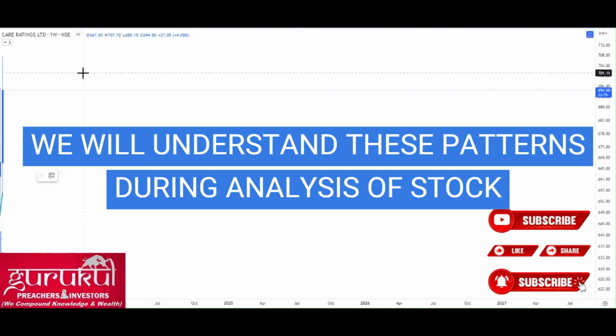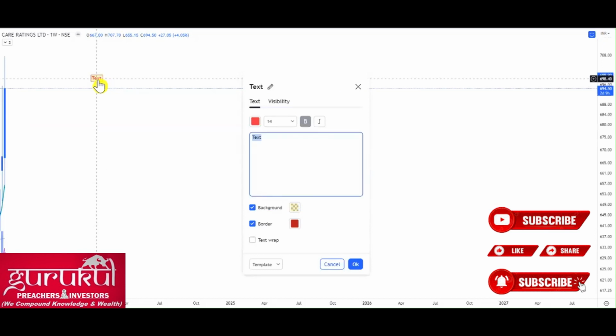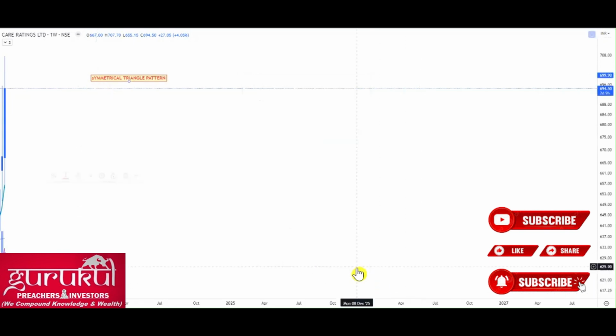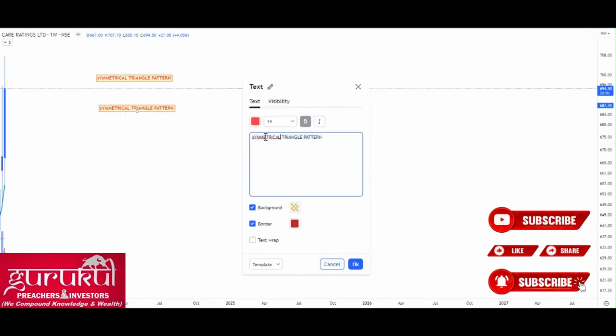So first coming to the symmetrical triangle pattern. Next is the ascending triangle pattern.